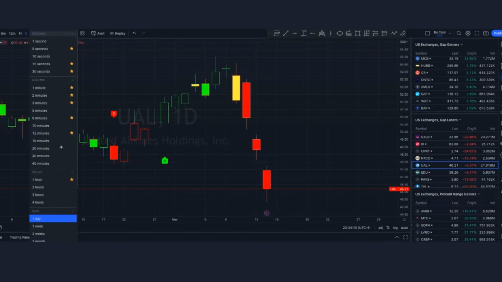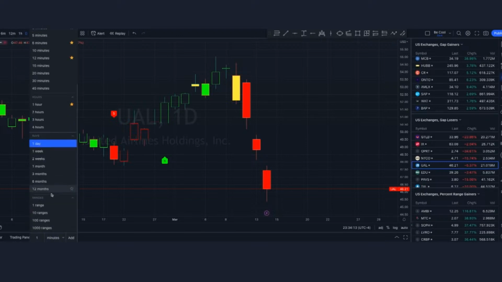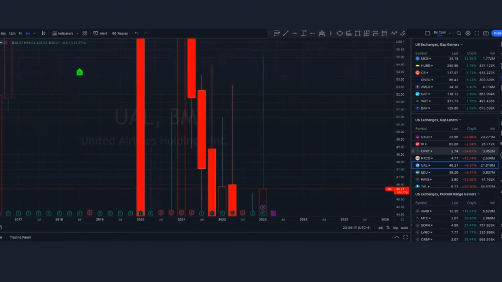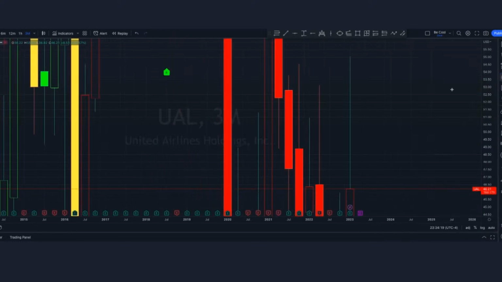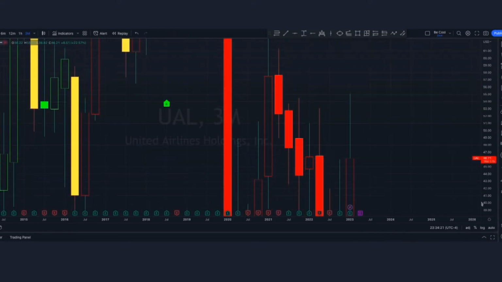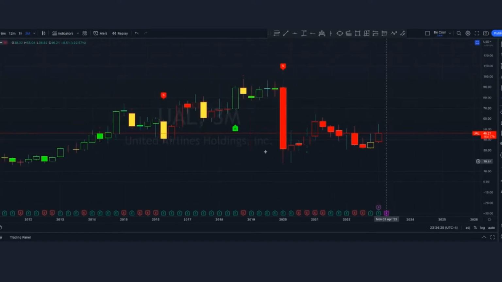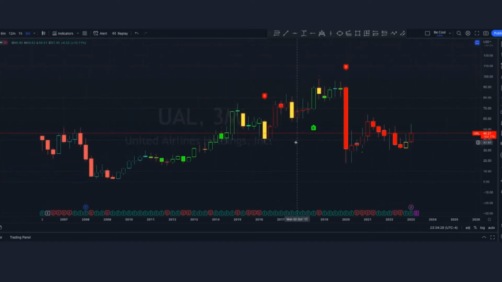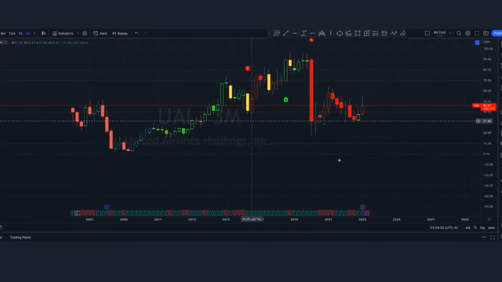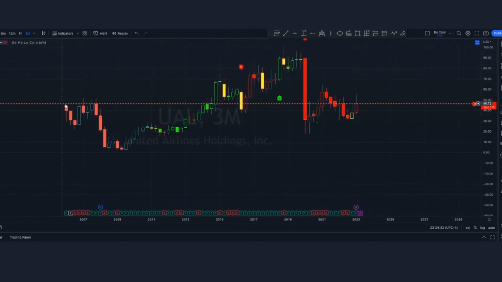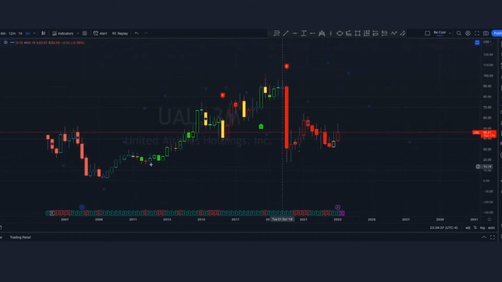Let me show you some quick market analysis to understand what's shaking out. We can determine the health of this company by going to the 3 month chart, starting off there. Let's zoom it on out and see how they've been faring over the years. Back in '06, this was a low for them. They got up after that.